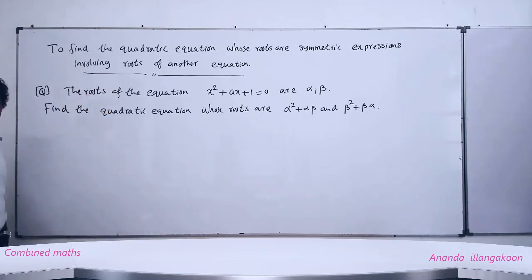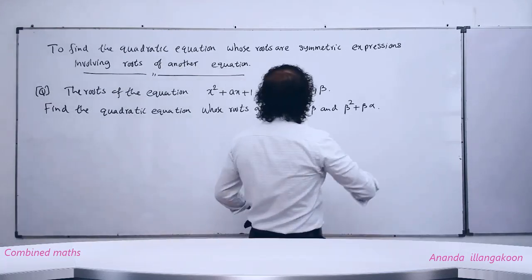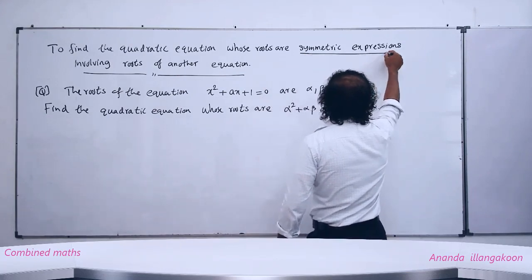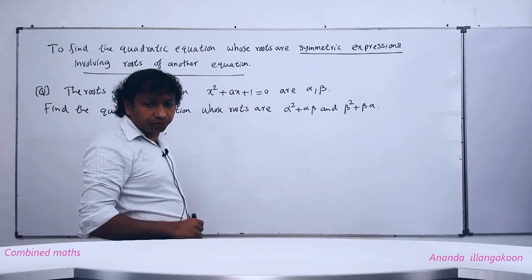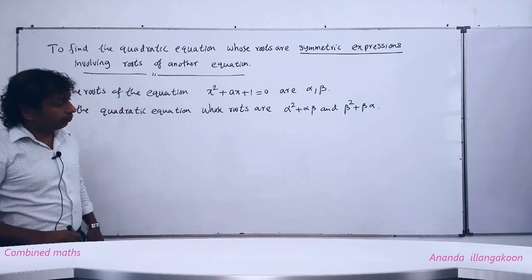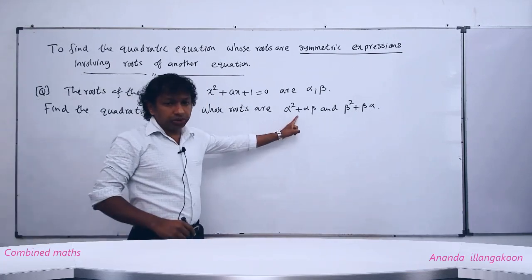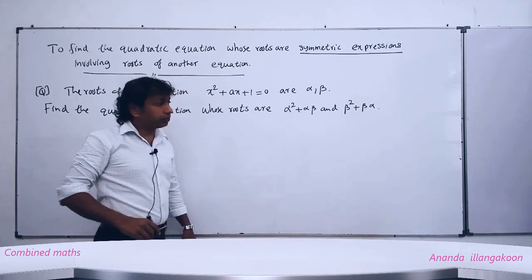Here we have to first understand what is really meant by these symmetric expressions. Let's see what is meant by symmetric. I'll take first these two roots given, alpha squared plus alpha beta and beta squared plus beta alpha.